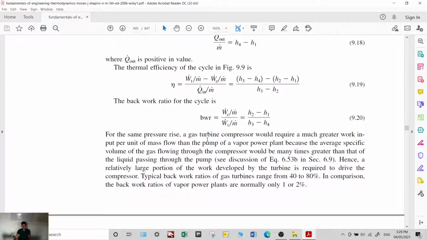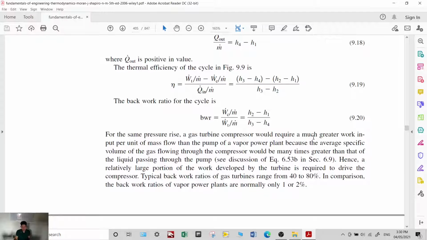For the same pressure rise, a gas turbine compressor would require much greater work input per unit mass flow than the pump of a vapor power plant. So more work or power must be supplied to the compressor compared to the pump of a vapor power plant, because the volume of the gas flowing through the compressor will be many times greater than that of the liquid passing through the pump.